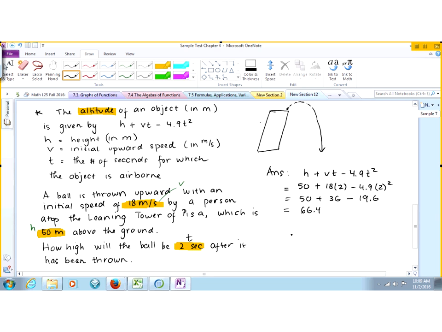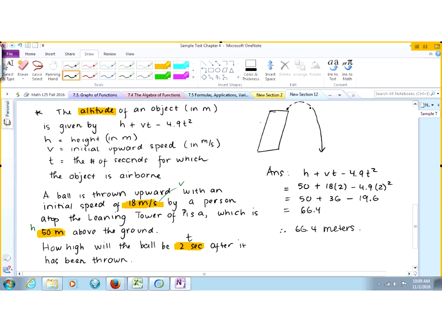Okay. And how do we answer this? What is the unit? How high? So 66.4, what is the unit? Meters. Yes. All right, so it's going to go up for a while before it goes down.